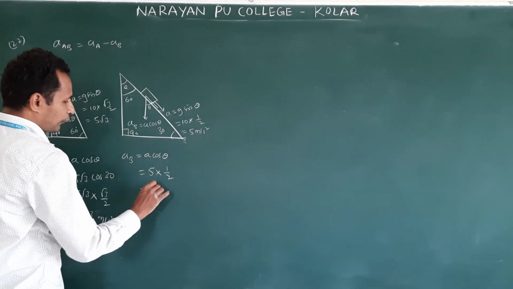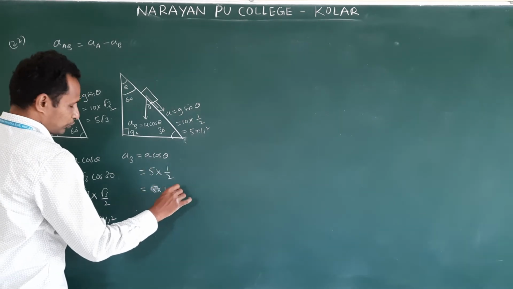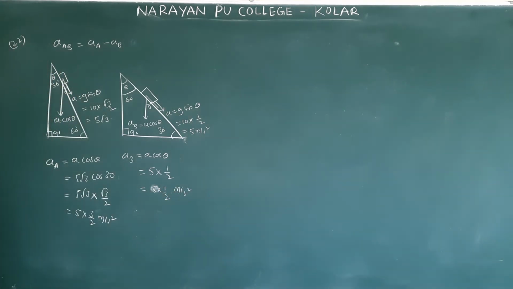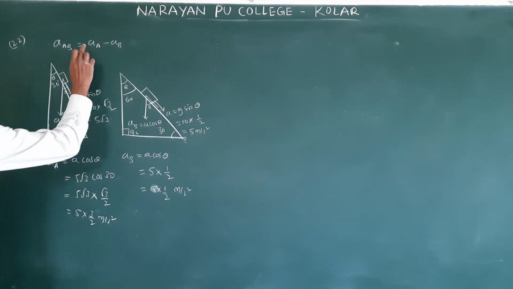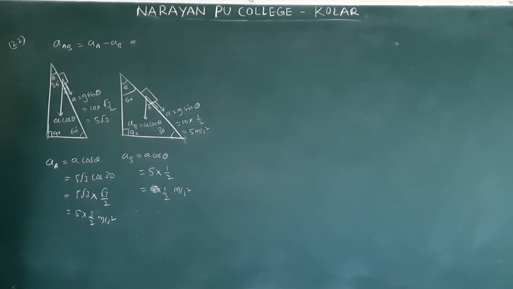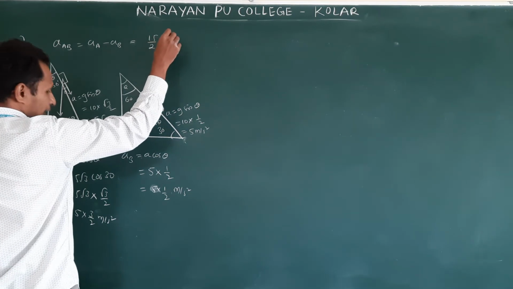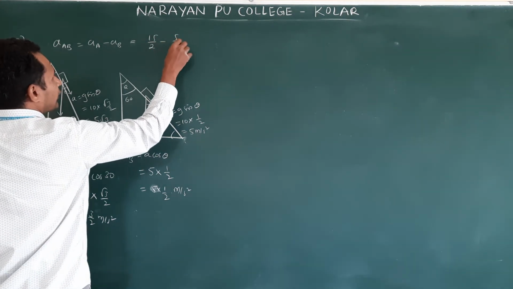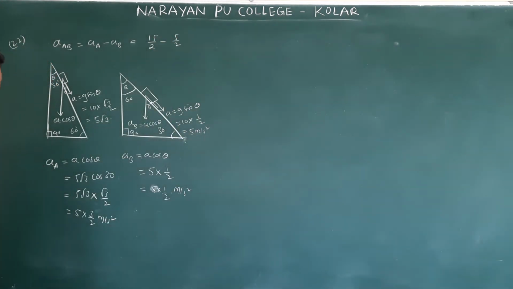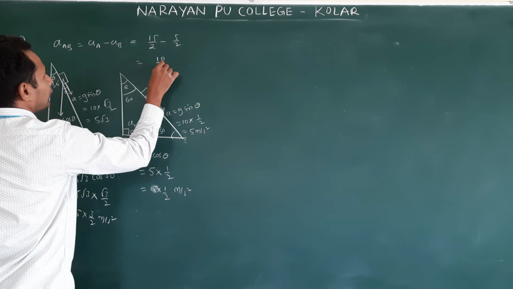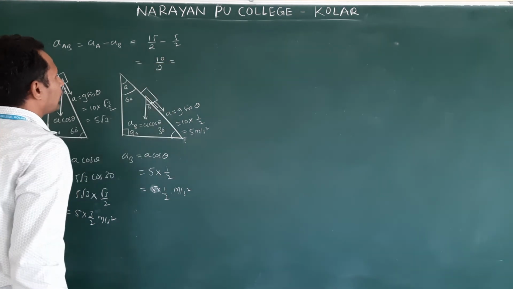So 5 into 1 by 2 meter per second square. But what are they asking? a_A minus a_B. So I can write 15 by 2 minus 5 by 2. What do you get? 10 by 2. Am I correct or not?